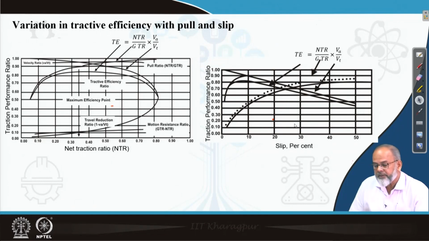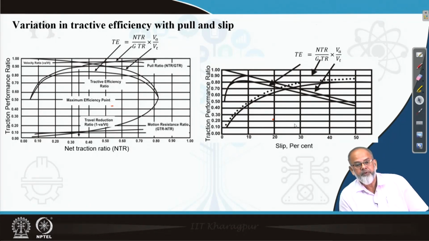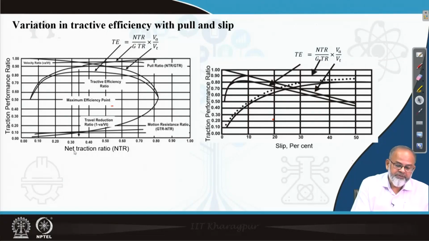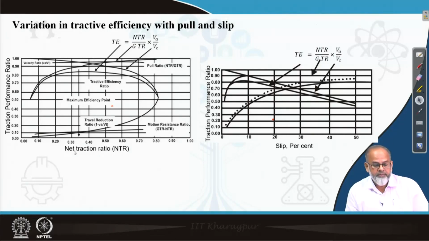The right side figure is the conventional way by which the performance parameters are usually plotted. Now what is the difference? If you look, there is no difference in fact. Only on the x-axis we are taking slip, whereas in the previous figure we took net traction ratio. The nature of the curve is the same.